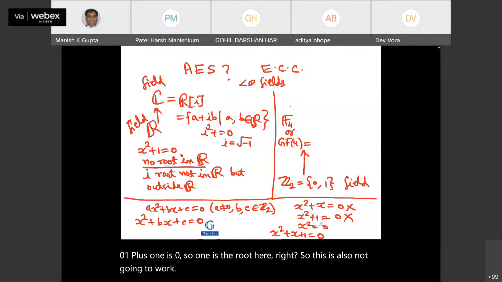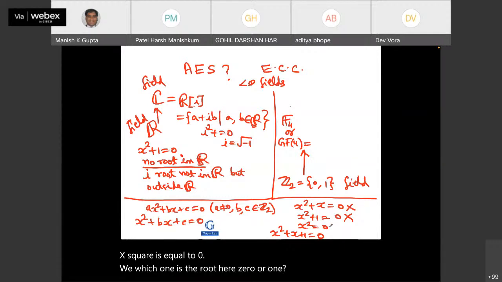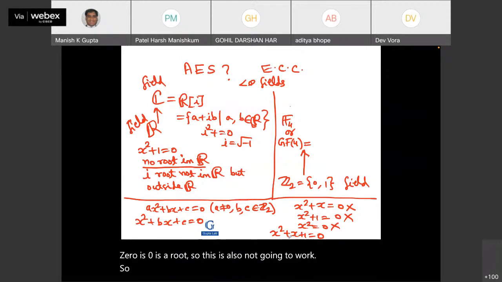Understood? What about x square is equal to 0? Which one is the root here? 0 or 1? 0 is a root. So this is also not going to work. So only one equation is left. Now let us try.